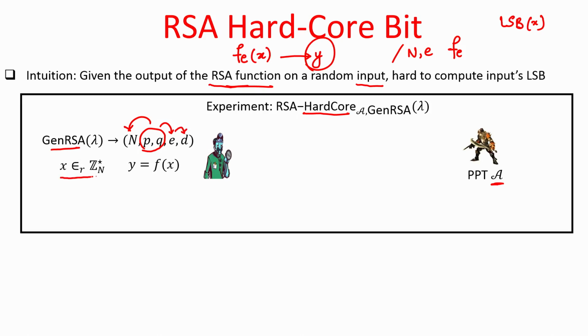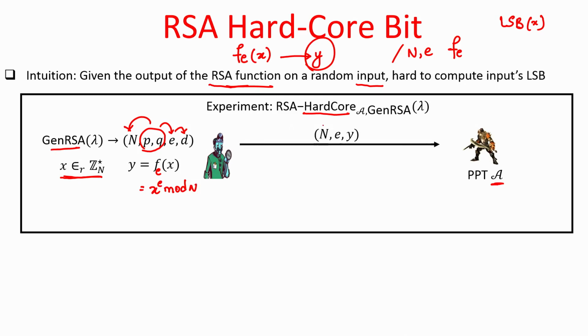So, he picks a random element x from the set Z n star, and y is the result of f sub e of x, namely x to the power e modulo n. The verifier can compute this because he has x, he has e, he has n, and now he throws the challenge instance to the adversary.